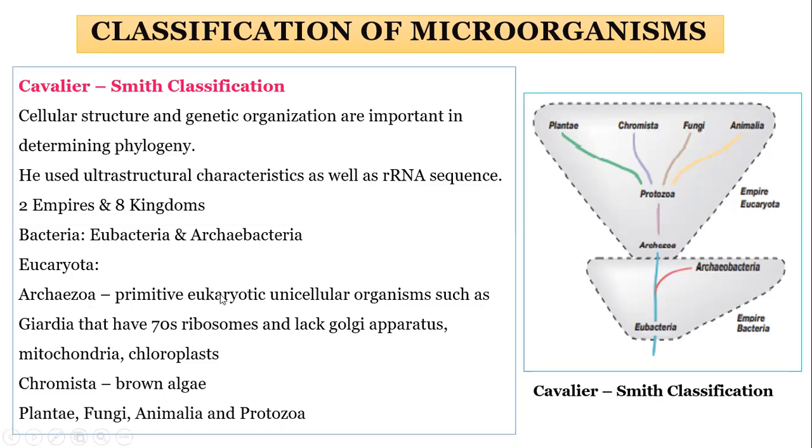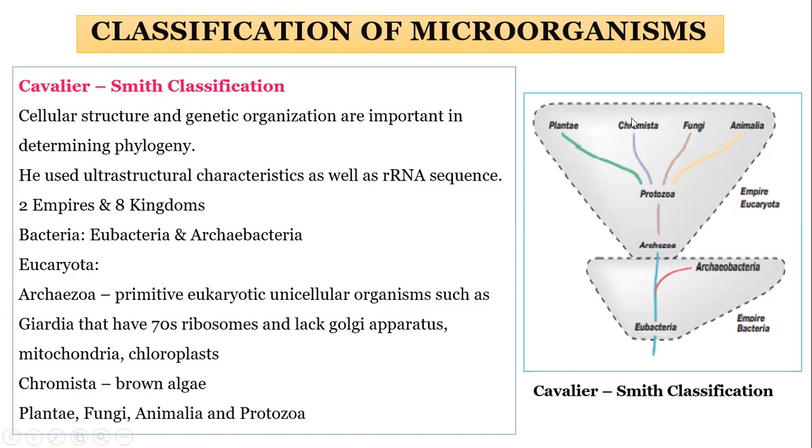Archaezoa are primitive eukaryotic cellular organisms such as Giardia, and they have 70S ribosomes. They lack Golgi apparatus, mitochondria, and chloroplast.